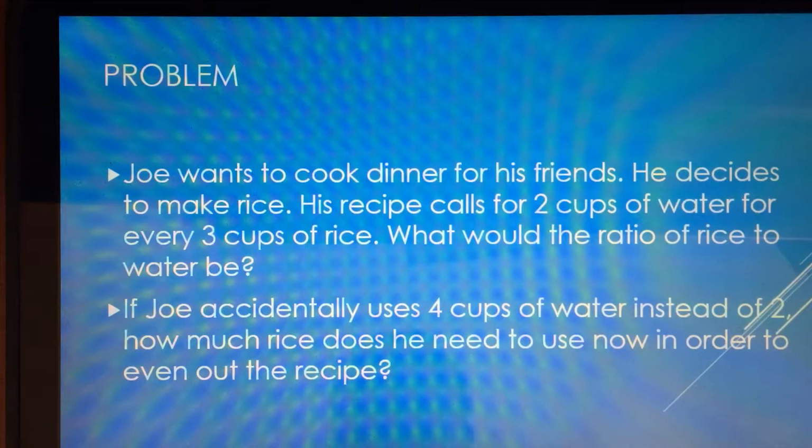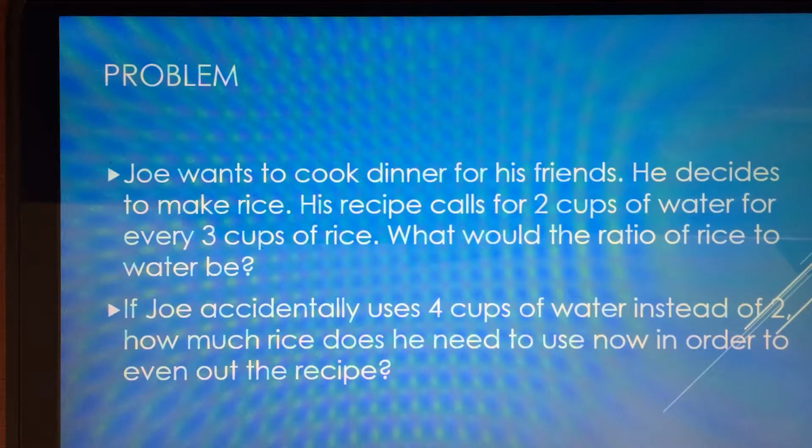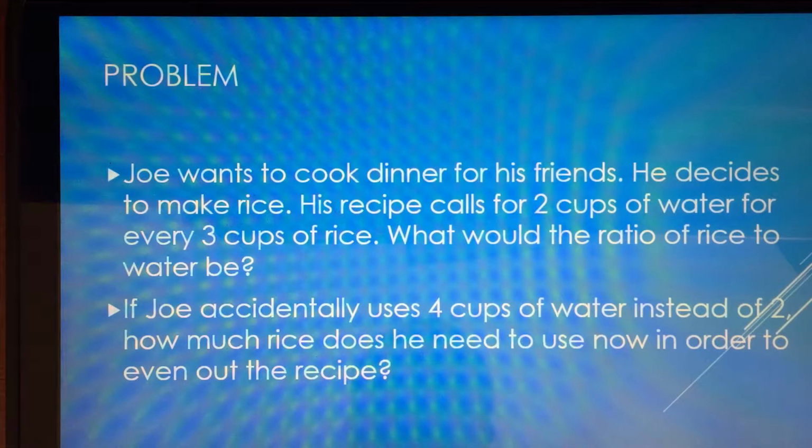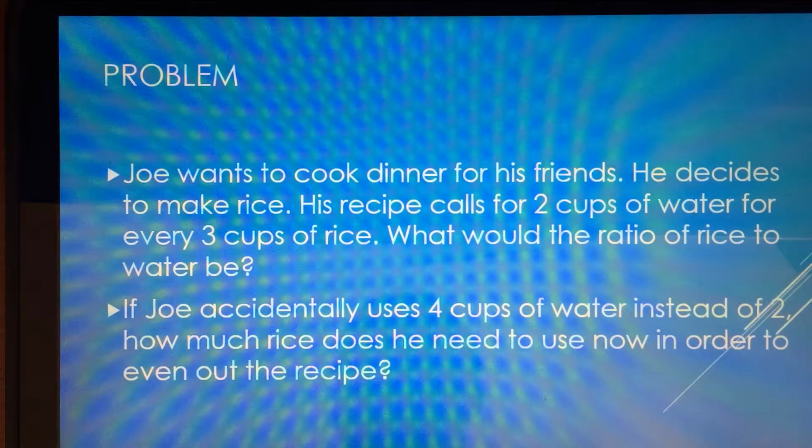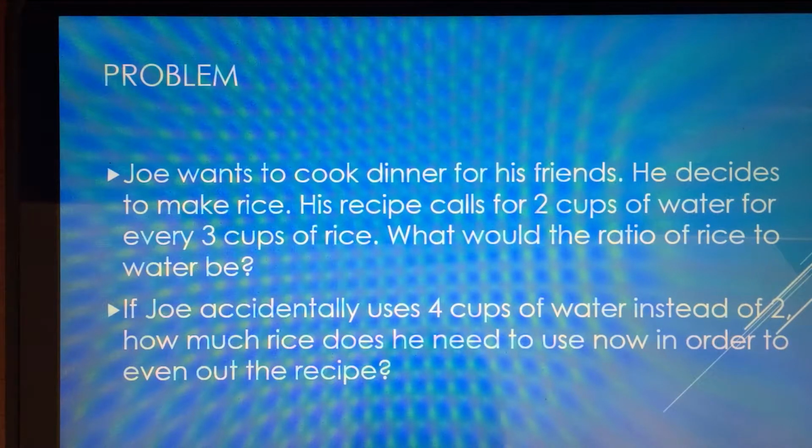So I have a real life problem here, and it says that Joe wants to cook dinner for his friends, and he decides to make them rice. His recipe calls for 2 cups of water for every 3 cups of rice. So what would the ratio of rice to water be?